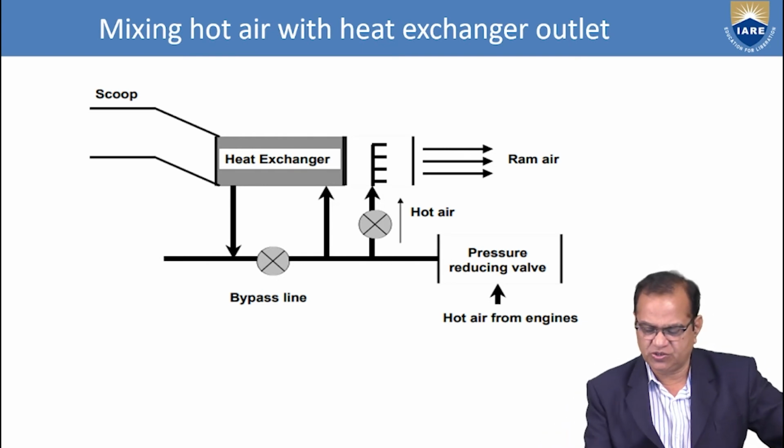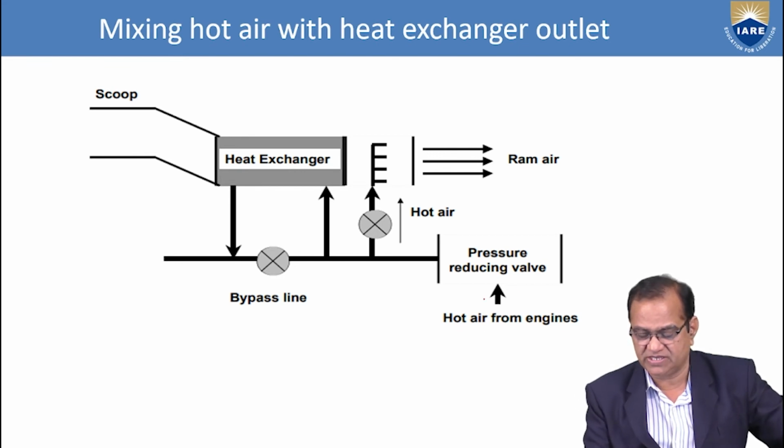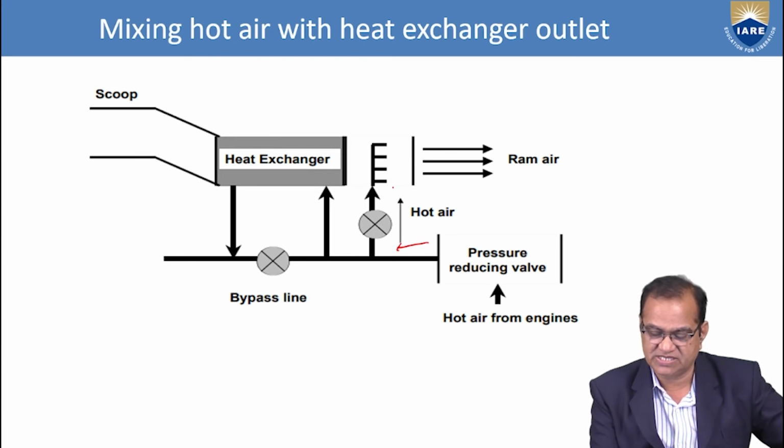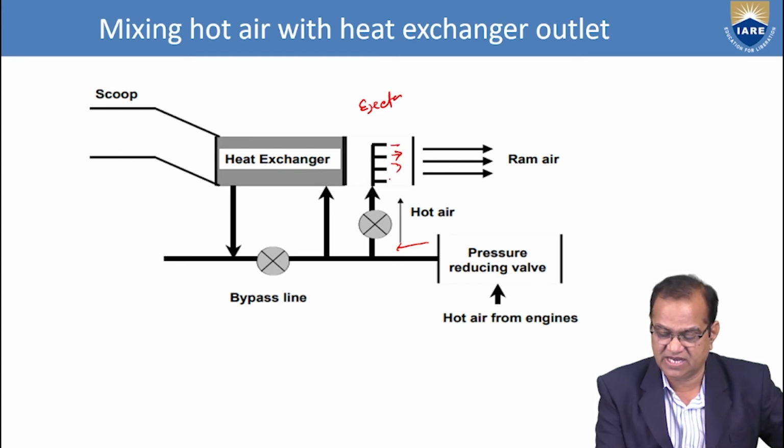So you can see here the pressure reducing valves. Hot air from the engines is coming to here, and this is the ejector here. The ejector will eject in this direction, and this will make low pressure here.